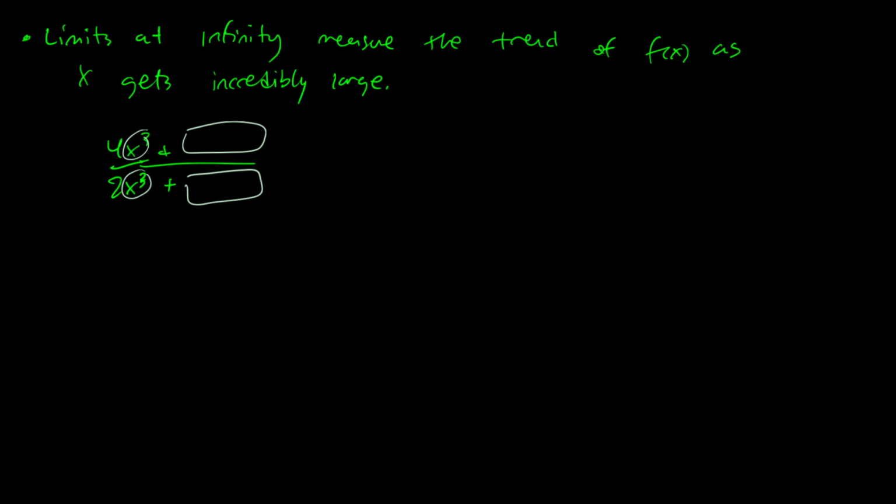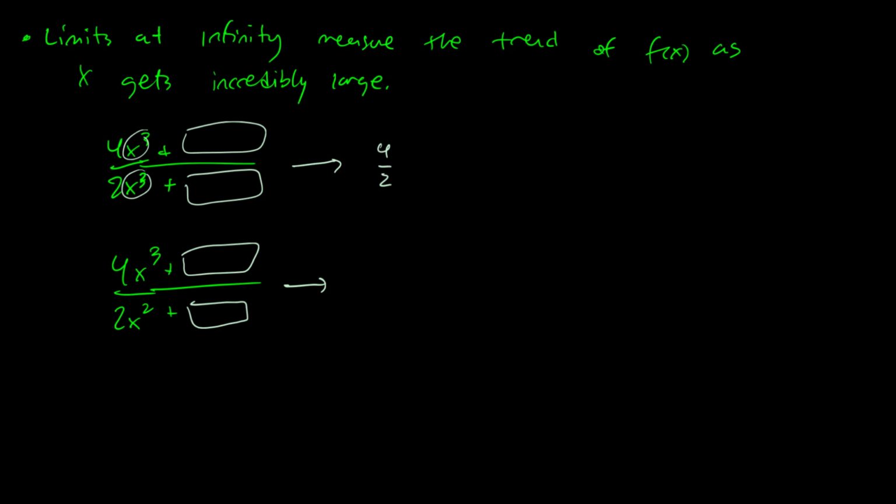And since the largest terms are equivalent, what I mean is the x cubed, this is going to trend to the 4 halves. If I had something like this, 4x cubed over 2x squared, plus some other smaller stuff, well, what's dominating now? You have a square term in the denominator, you have a cube term in the numerator. A billion cubed is so much larger than a billion squared.